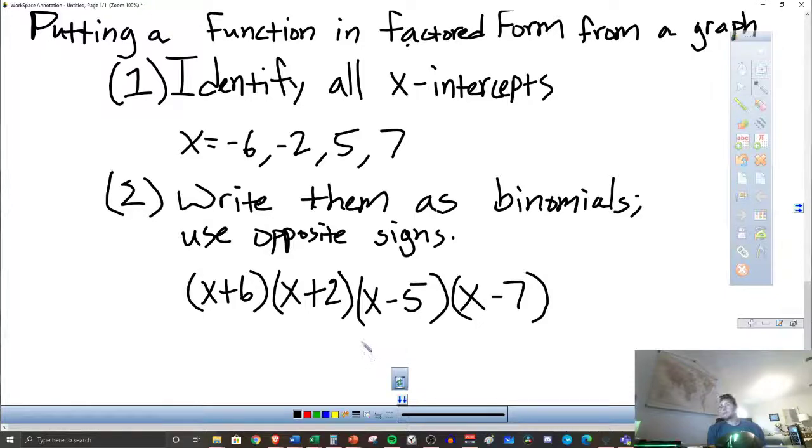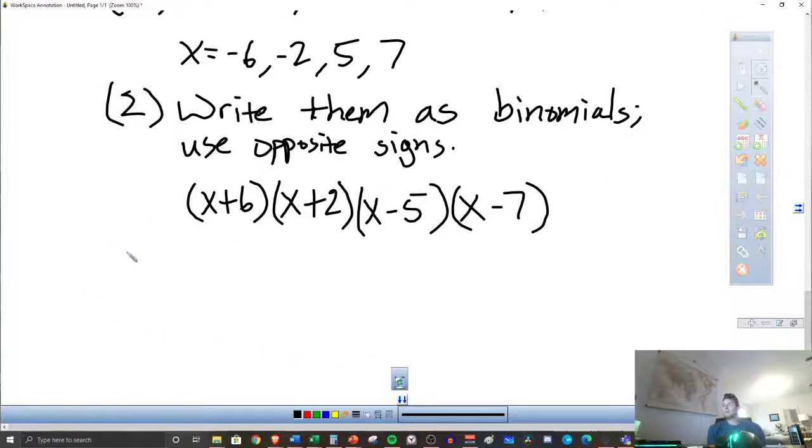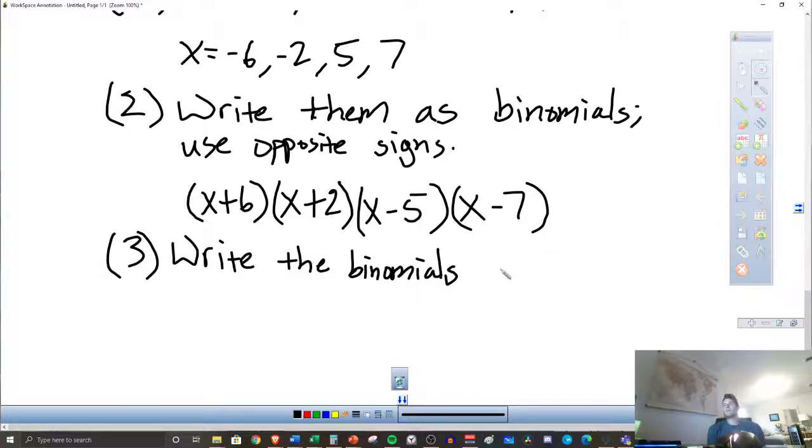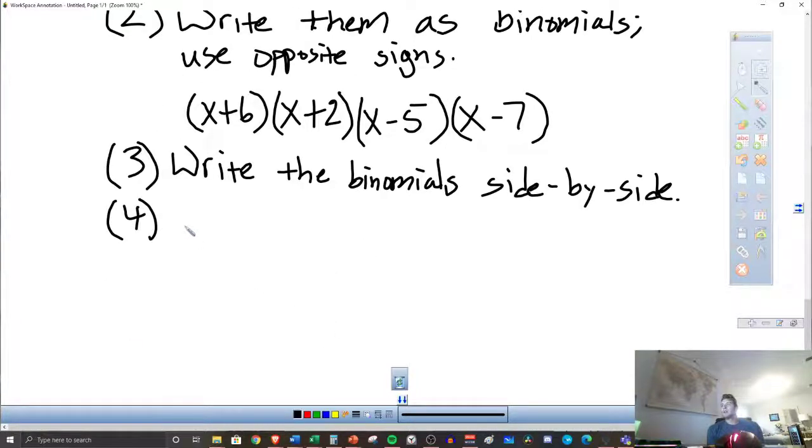Good. So we've written those out, and one of the steps I have in here is to write the binomials side by side. Which we've already done. And then our fourth step to complete this, we're going to write them as a function.